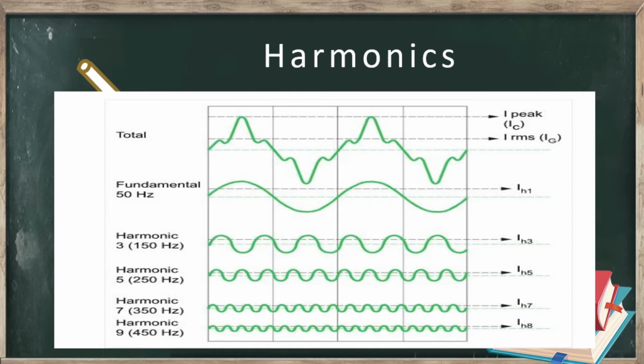So it is multiplied by 50, which is the fundamental. The fifth harmonic, seventh harmonic and ninth harmonic are also the same. There are 7 and 9 peaks to complete one cycle. So from the fundamental up until the ninth, we add them up to make a total, which is IP and also IRMS.